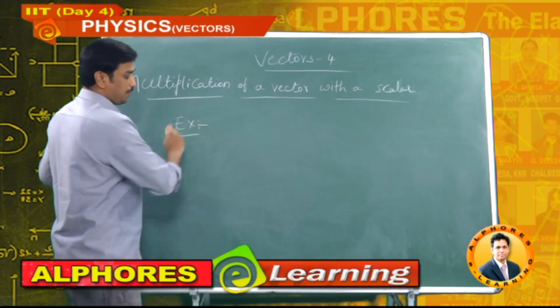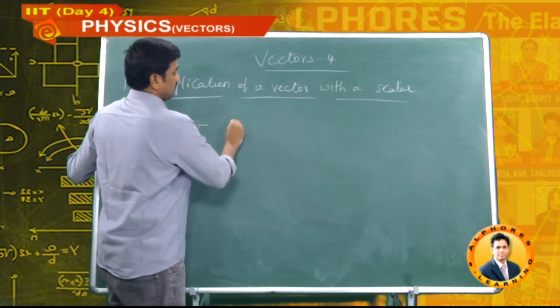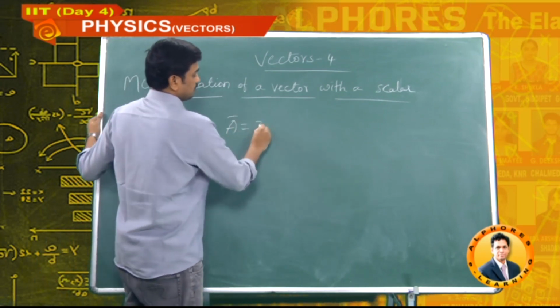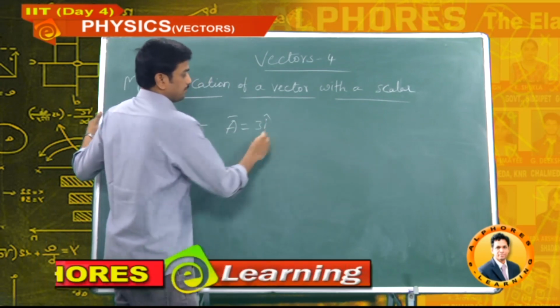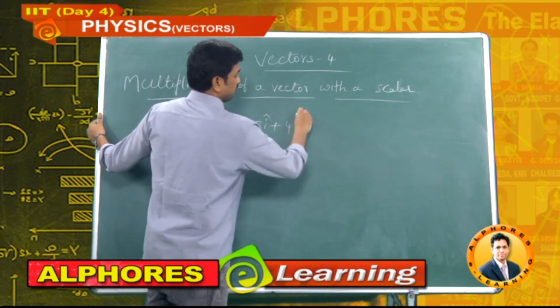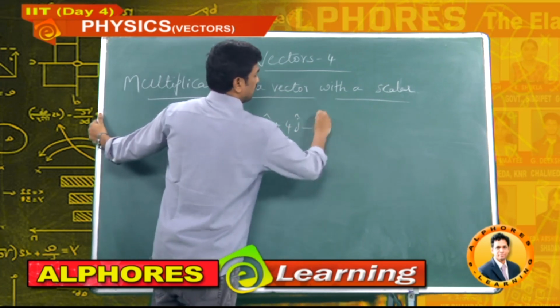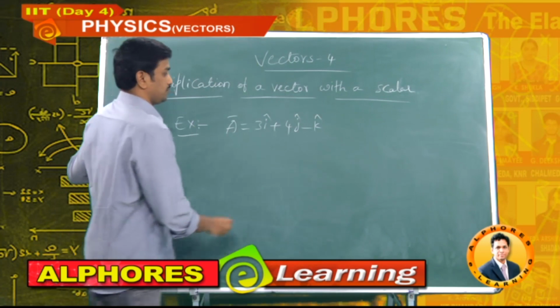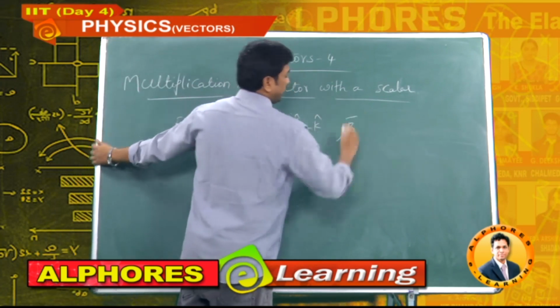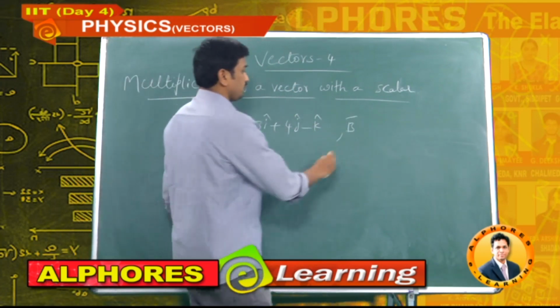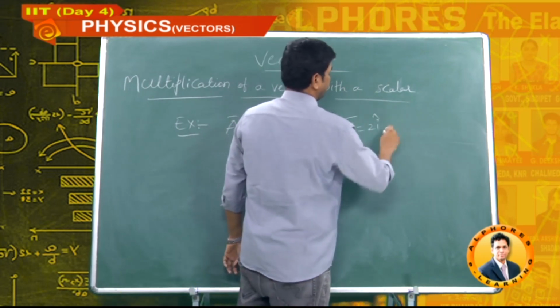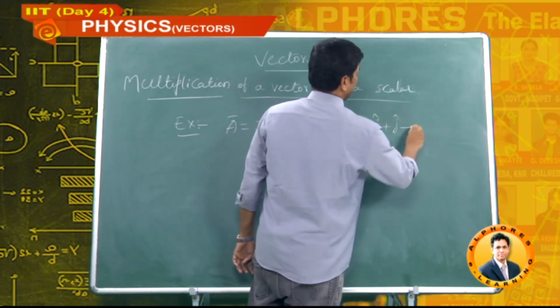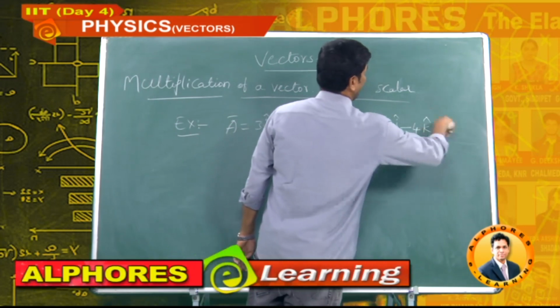That is the point you should remember here. One more example: a bar is equal to 3 i cap plus 4 j cap minus k cap. b bar is equal to 2 i cap plus j cap minus 4k cap.